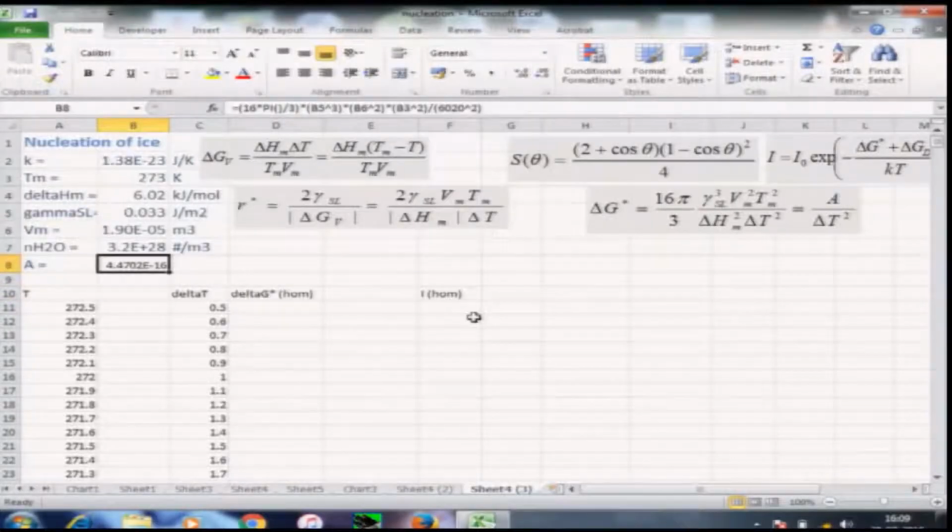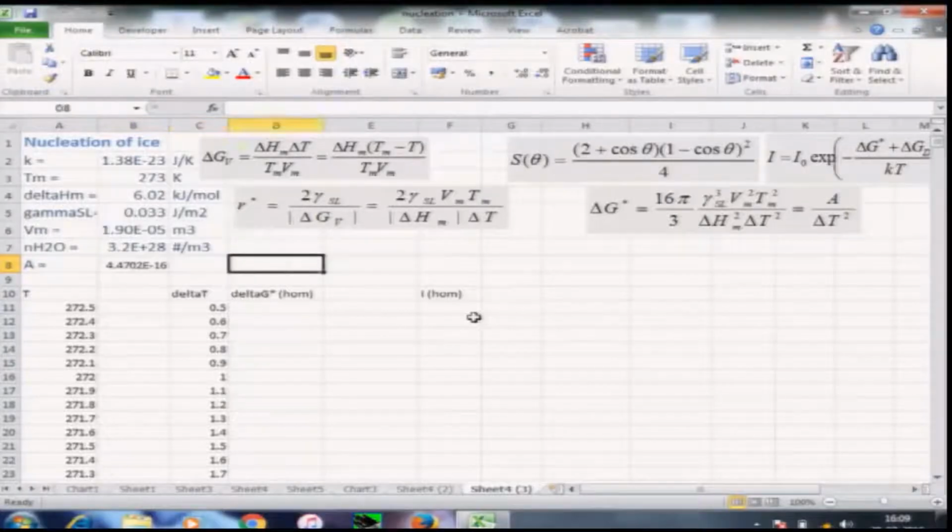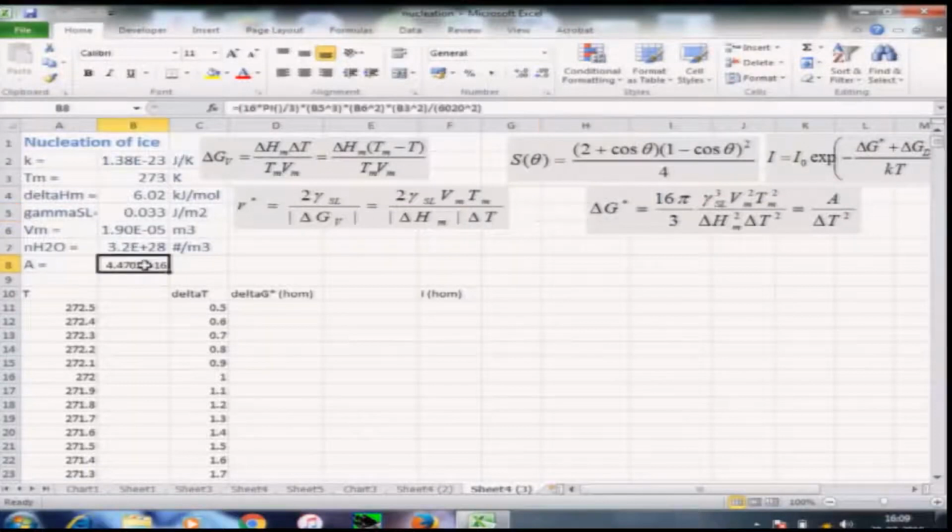And I already have calculated the value of the constant A in the expression for delta G star, as you can see here. So, this was expression which is equal to A upon delta T square, where all of these terms comprise the quantity A. So, A is already calculated here in this particular cell B8.